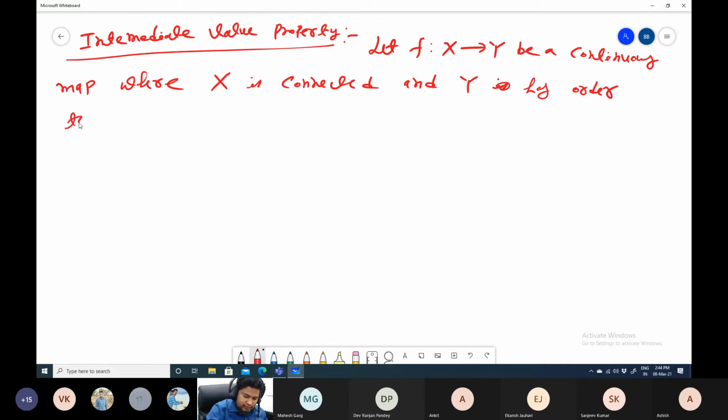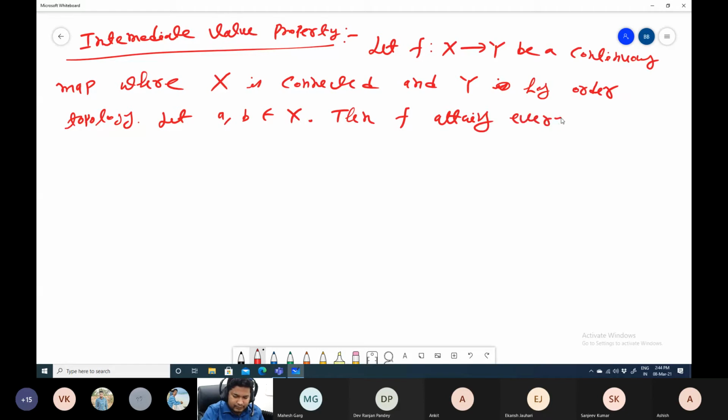Now let a, b belong to X. Then f attains every value between f(a) and f(b).